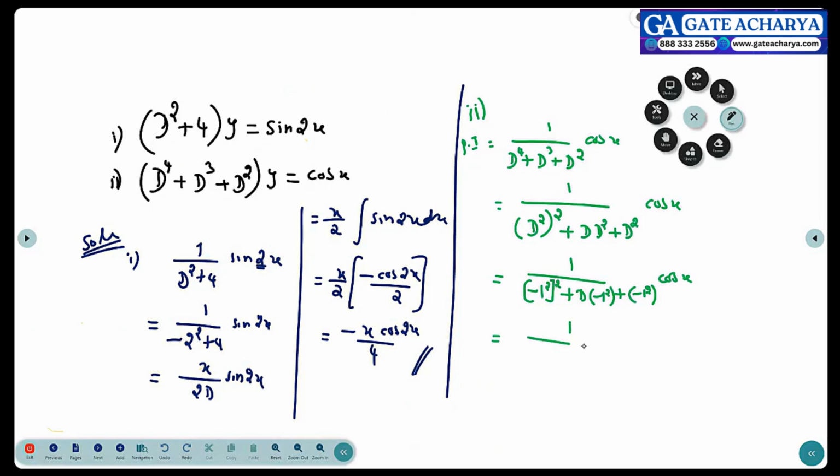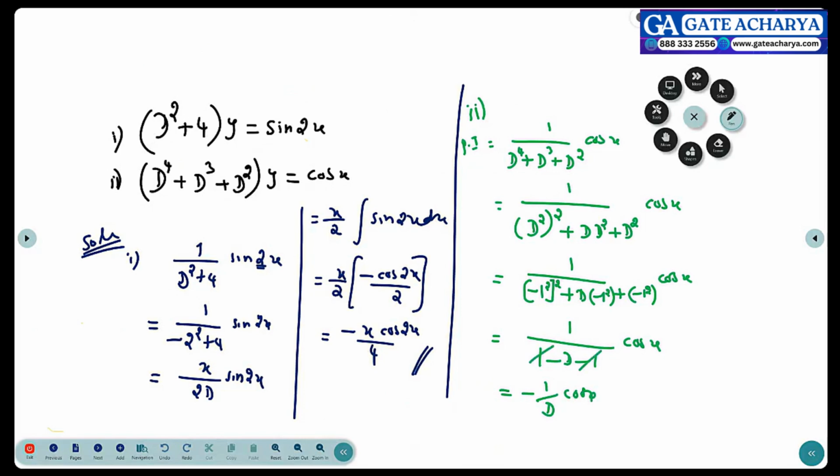So that is equal to 1 by 1 square is 1, minus 1 square is plus 1. And here it is minus D. 1 square is 1, minus 1 into cos x. So the minus and plus cancel, leaving minus 1 by D into cos x. Cancel this plus 1 and minus 1.